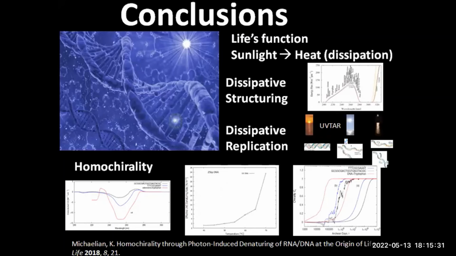Okay, so then in conclusions, well, we are assuming light's function. This is basically the whole theory of the thermodynamic dissipation theory of the origin of life. Life's basic function, or most fundamental function, is to turn sunlight into heat, and that is dissipation. And that is in fact what all irreversible processes are doing. Not only life, but also hurricanes and convection cells and the Belousov-Zhabotinsky reaction.